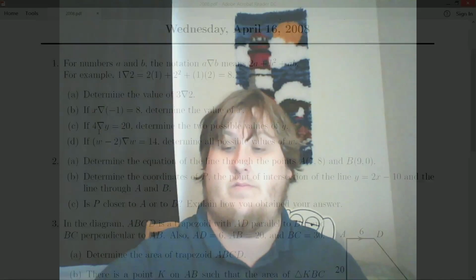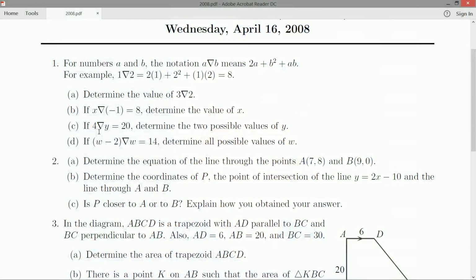And the fact that y in the second place gives us 2 possible values comes from the fact that B gets squared in our calculation of A triangle B. And in general, when we square things, reversing the process, we should expect about 2 solutions. Sometimes just one, sometimes none, but expecting 2 solutions for a quadratic is common. Okay? So just some nice little mathematical connections that we can note.